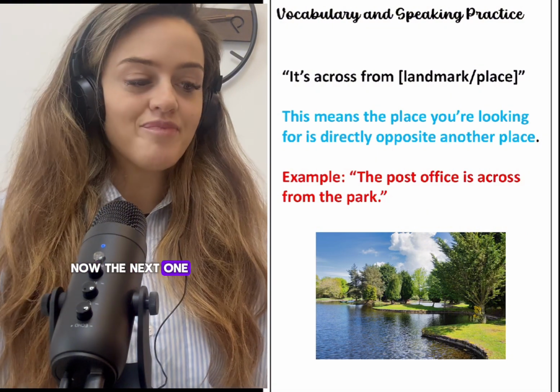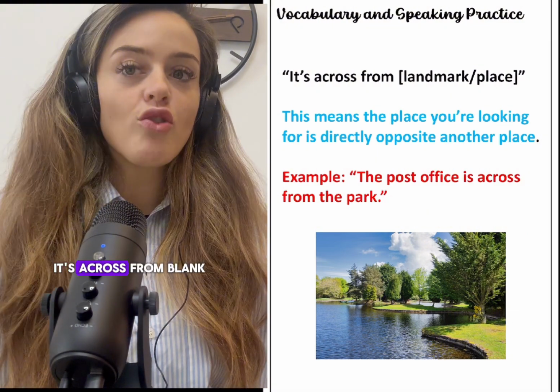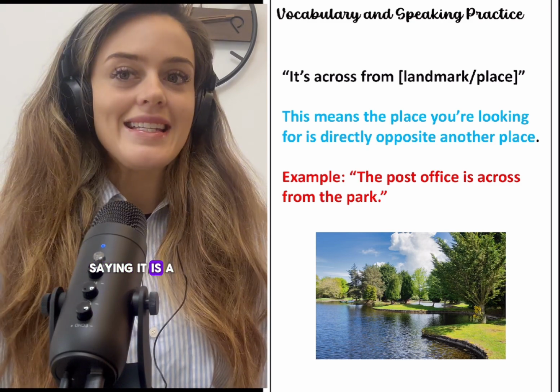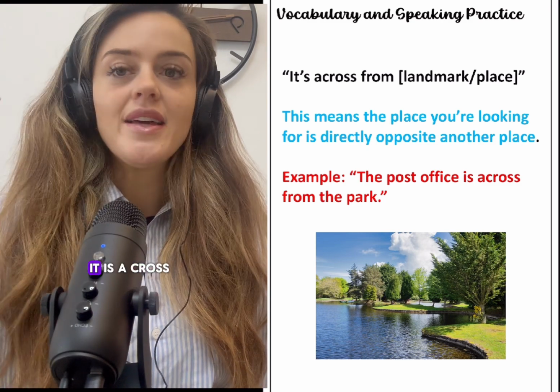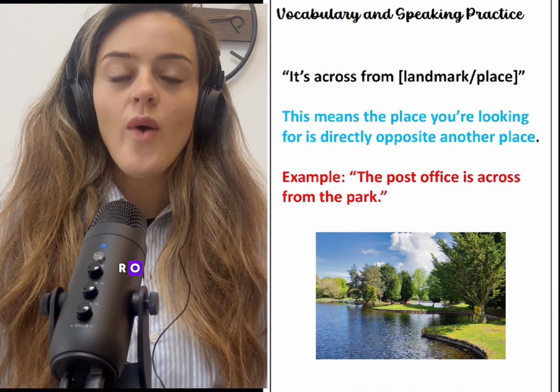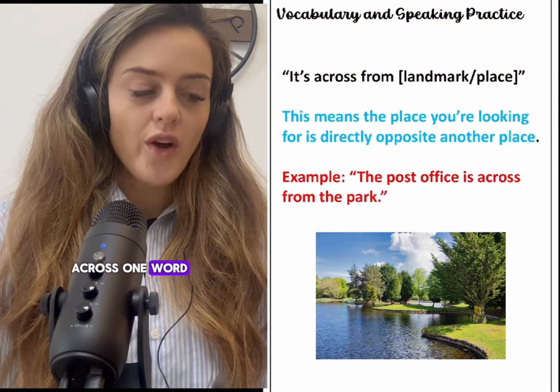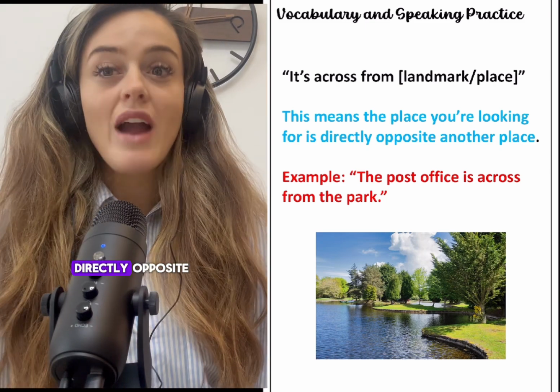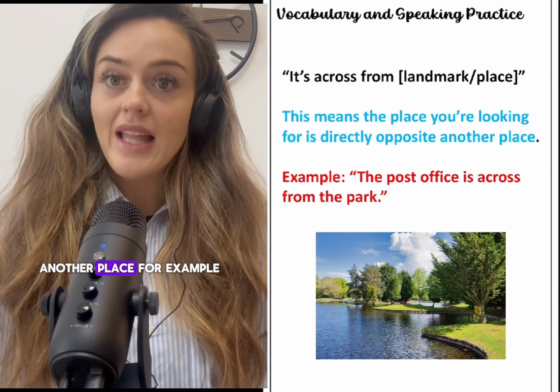Now the next one. It's across from blank. So when you are saying it is across from, that is A-C-R-O-S-S, across, one word. This means the place you're looking for is directly opposite another place.